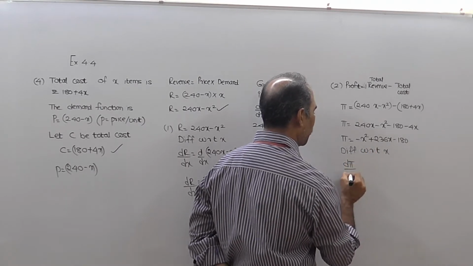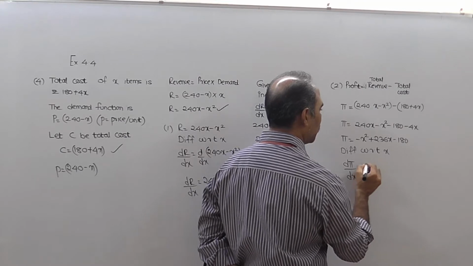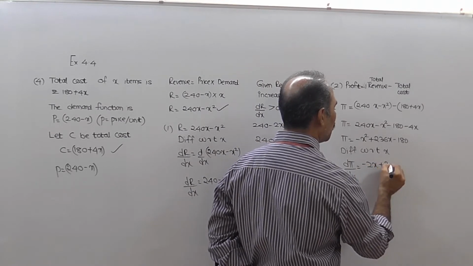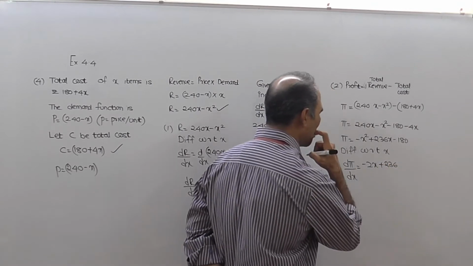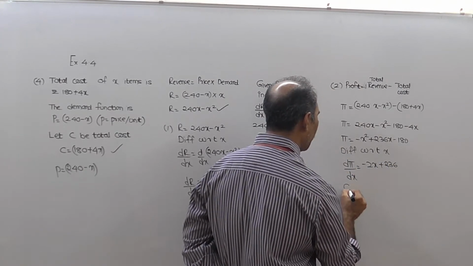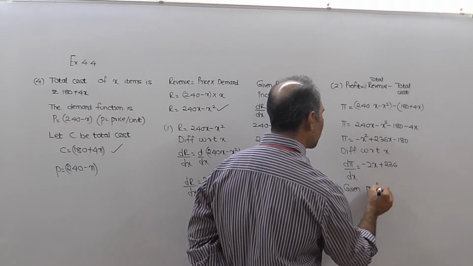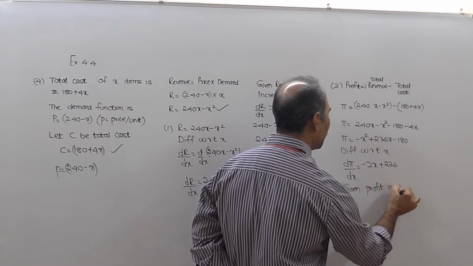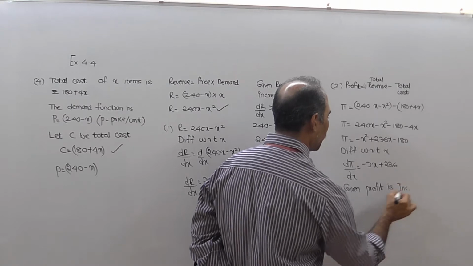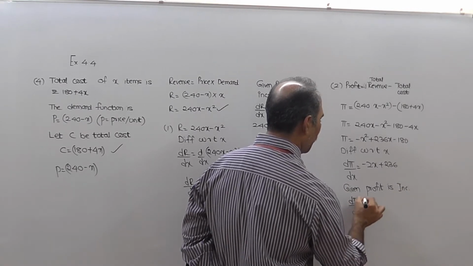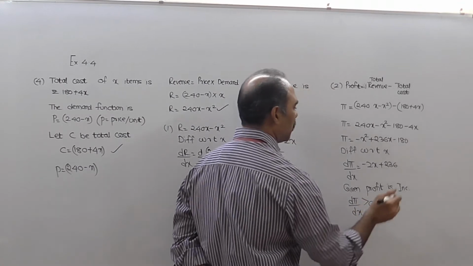So you will have d pi upon dx: the derivative of minus x square is minus 2x, and the derivative of 236x is 236. Given profit is increasing, you have to find x. If the profit is increasing, it means that d pi upon dx is greater than 0.